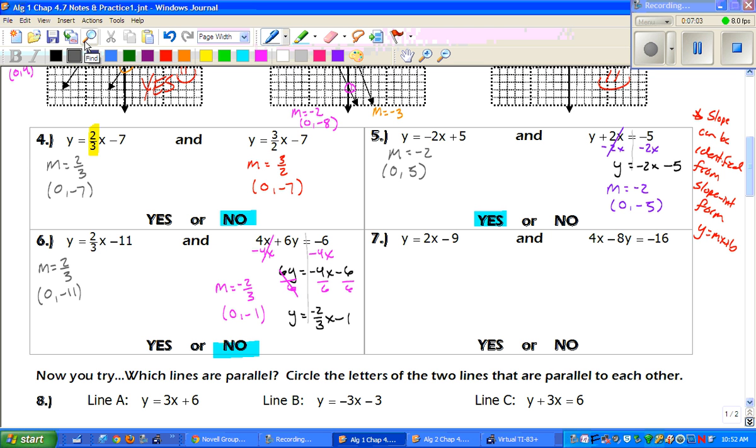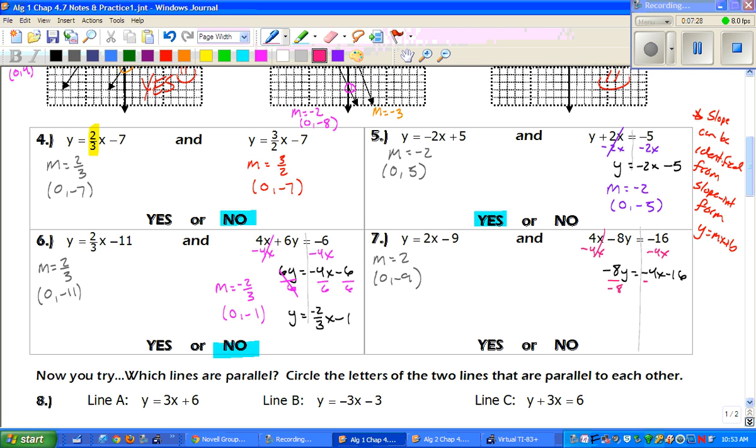All right, number 7. There's your slope. There's the y-intercept. We have to solve for y. Subtract the 4x from both sides. -8y equals -4x minus 16.